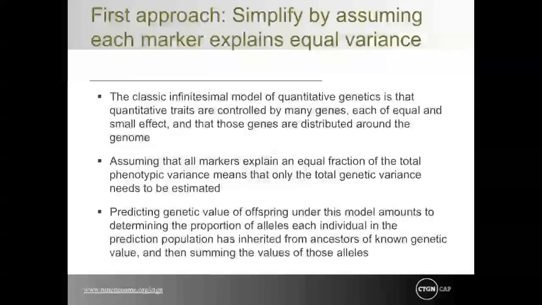This approach to genomic selection is functionally equivalent to using marker genotype data to estimate the realized genomic relationship matrix, followed by best linear unbiased prediction of breeding values based on phenotypes of relatives.